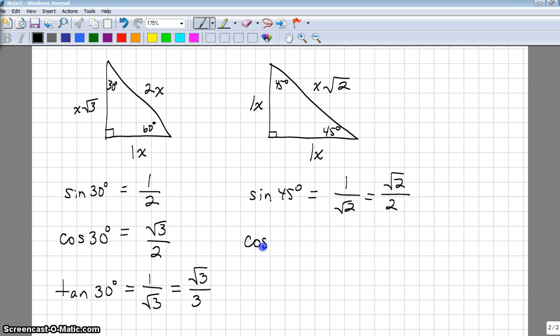The cosine of 45 degrees is the adjacent side over the hypotenuse, and that's going to be 1 over the square root of 2 as well, so that's the square root of 2 over 2. And the tangent of 45 degrees is the opposite over the adjacent, so it's 1 over 1. So the tangent of 45 degrees is 1.